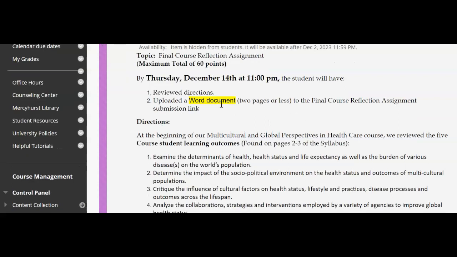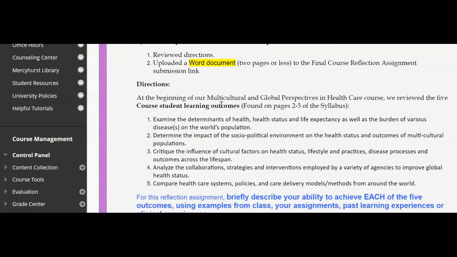So what are you going to do? I already said that you're going to look at what we were supposed to learn, right? Those are our student learning outcomes. Every course that you take has student learning outcomes. For this course, we had 5 of them, and they were right on the syllabus.